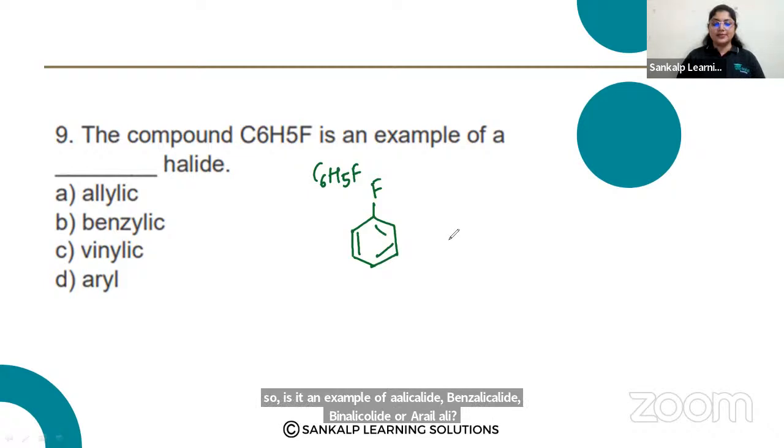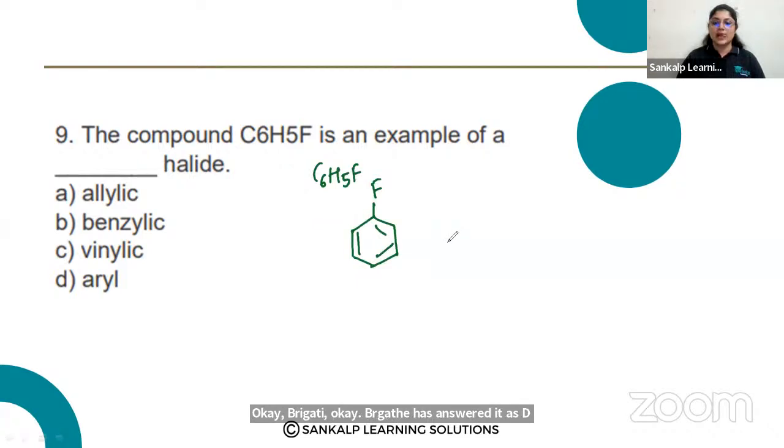Pragati has answered it as D. Tejaswini, B. Sneha is telling B. Vinushree has answered it as D. Hemant, D. Megha, B. Muskan, D. So the answer is D.